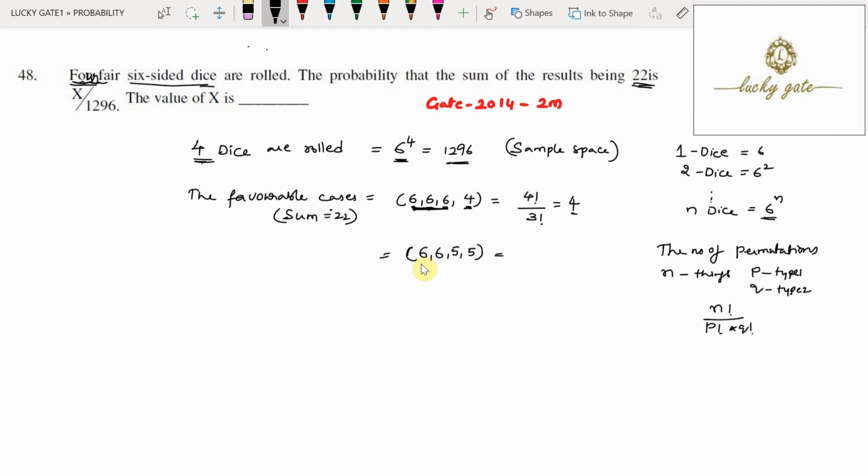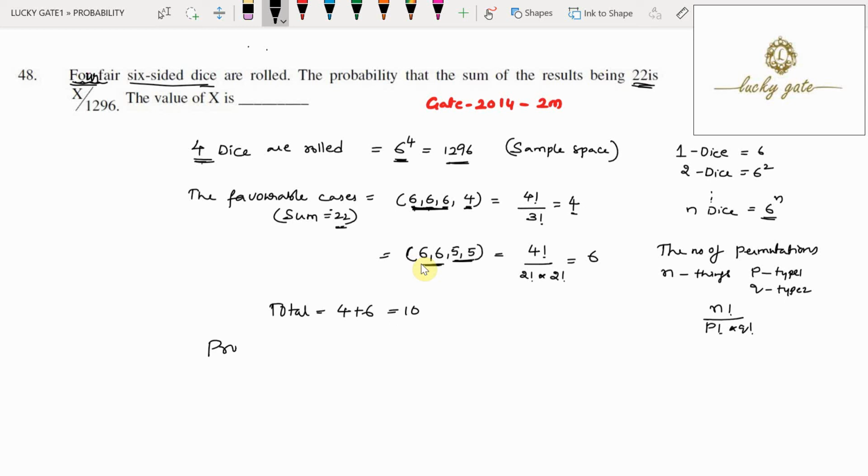For 6, 6, 5, 5, the possible arrangements is equal to 4 factorial divided by 2 factorial for 6 repeated 2 times, and 2 factorial for 5 repeated 2 times. 4 factorial by 2 factorial into 2 factorial is 6. Now these are the 2 favorable cases where the sum is 22. The total favorable cases is 4 plus 6, which is equal to 10.